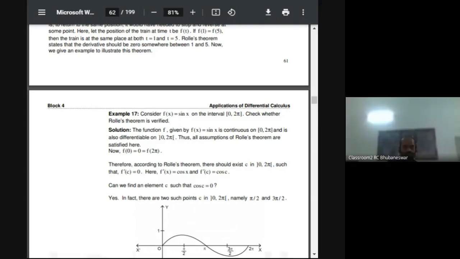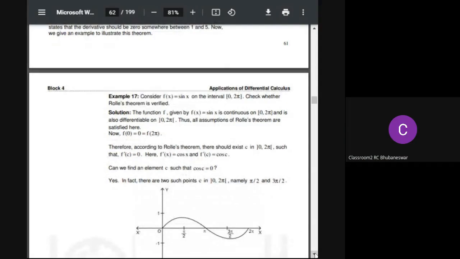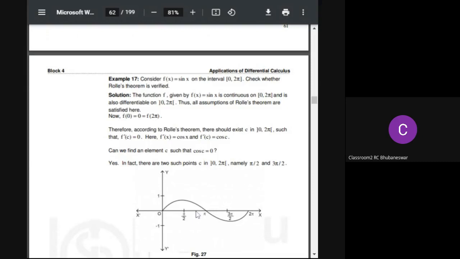That means f dash c equals 0, and now f dash x equals cos x, and f dash c will be cos c. Now equating this expression to 0, cos c equals 0, and we will get the value of c inside the open interval 0 to 2 pi, and the values are pi by 2 and 3 pi by 2.